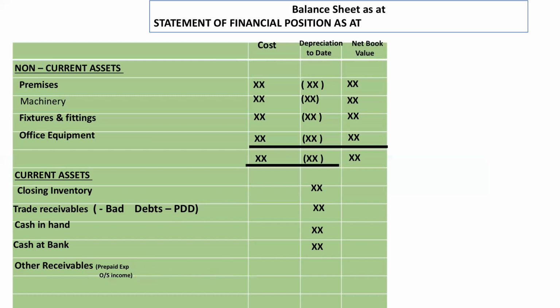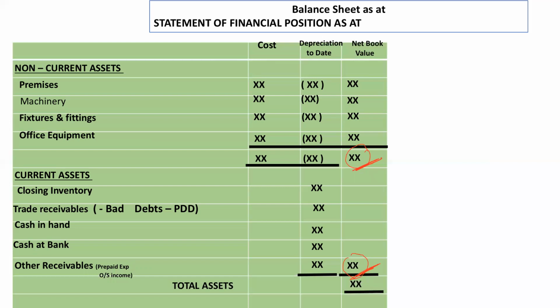After that, you will add all these current assets. Take the total to the third column, which is your last column. Then you will add the non-current assets and the current assets, which will give you your total assets.